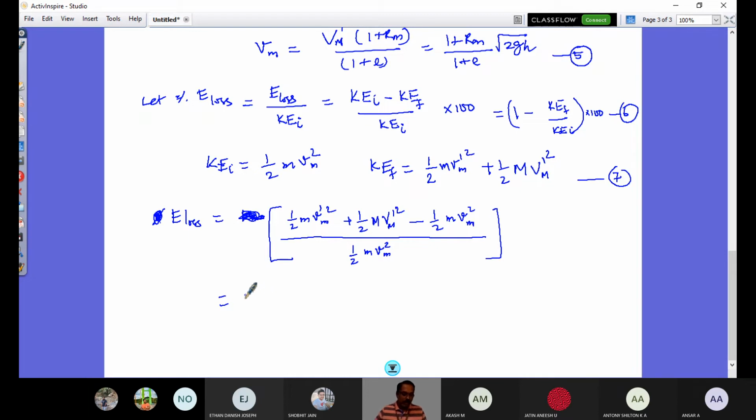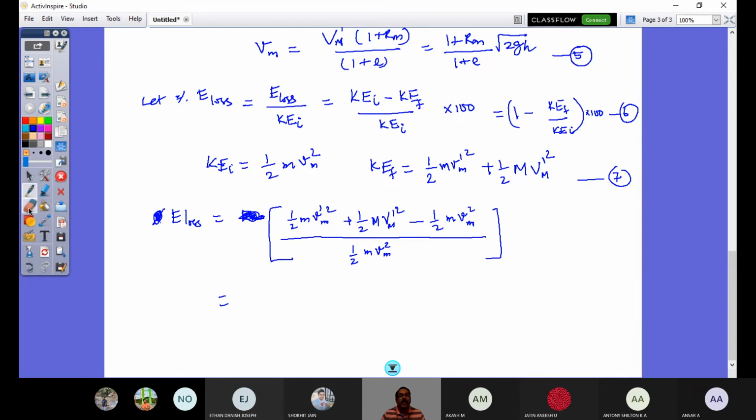Yeah, am I doing correct? Initial kinetic energy minus final. It is initial kinetic energy minus, I'm sorry, this is initial kinetic energy minus final kinetic energy. So please rewrite this. Sorry, let's rewrite this all once again.